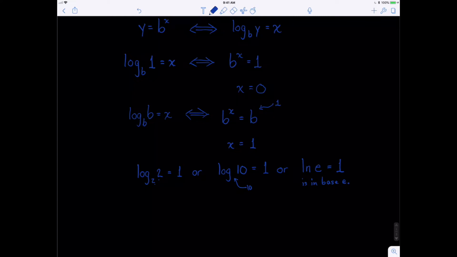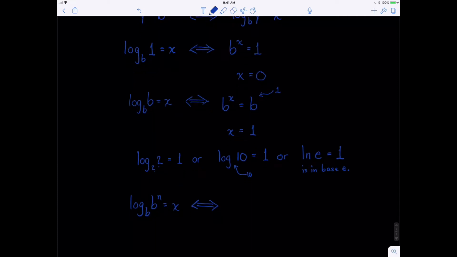There's one more we're going to need. If we have the log in base b of b raised to some power, how about n? B to the n, this equals x. Let's write our equivalent exponential. This says that b raised to the x is the same as b raised to the n.